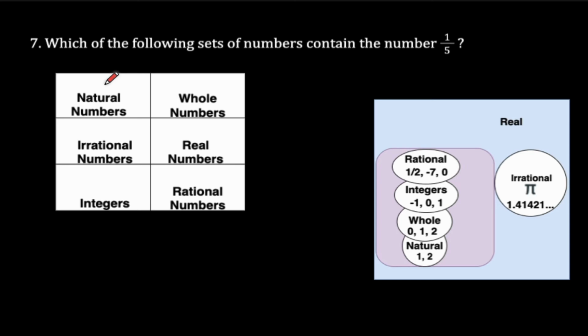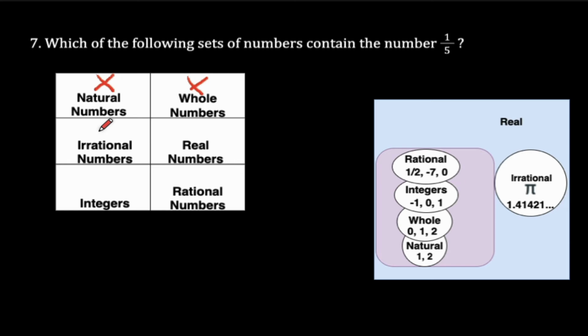Is 1/5 a natural number? Well, look at your diagram. Do natural numbers consist of ratios or fractions? No, so that's out of the question. I'll just put an X here. What about whole numbers? Is 1/5 a whole number? Take a look here. It's not a whole number because whole numbers do not contain fractions.